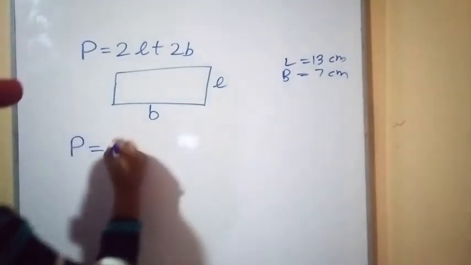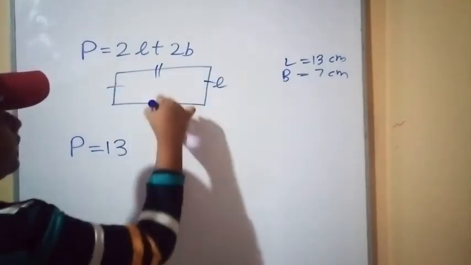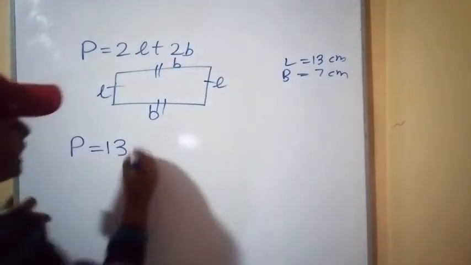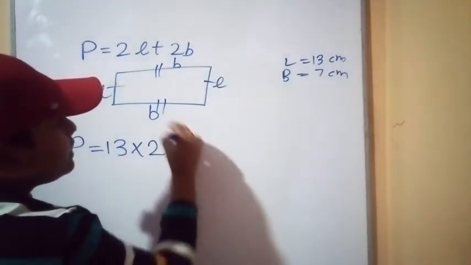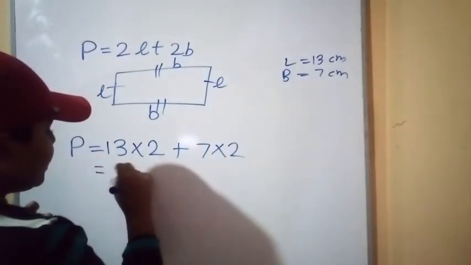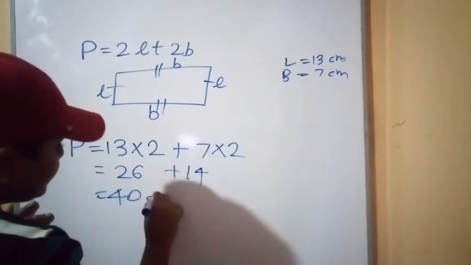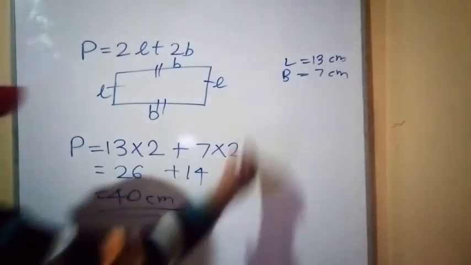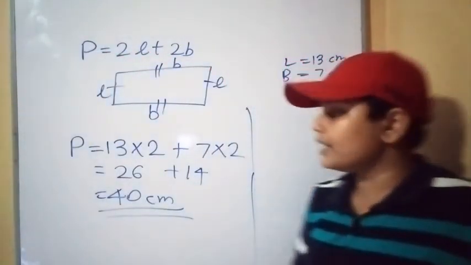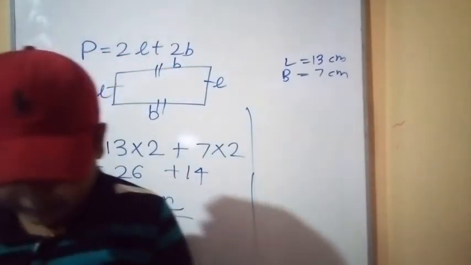Now that means 13 multiplied by 2 plus the breadth 7 centimeters, 7 also multiplied by 2. Now that means 26 plus 14 means 40 centimeters. The perimeter, by substituting the values, is 40 centimeters. Very easy, keep that in mind.